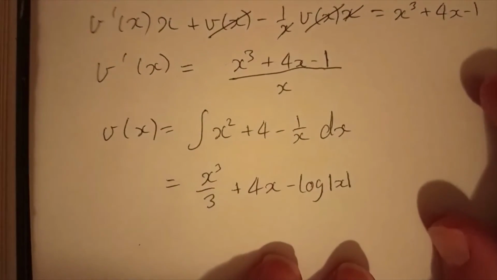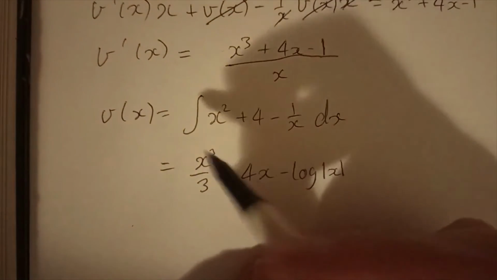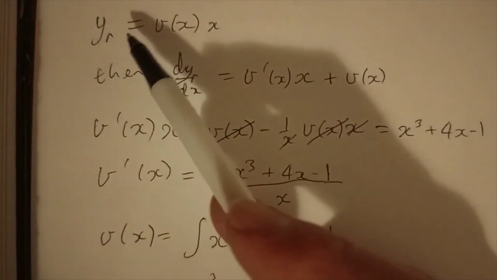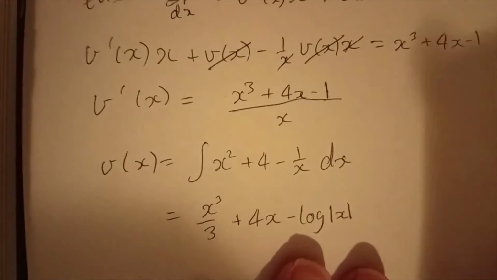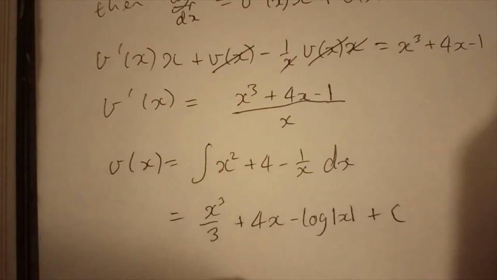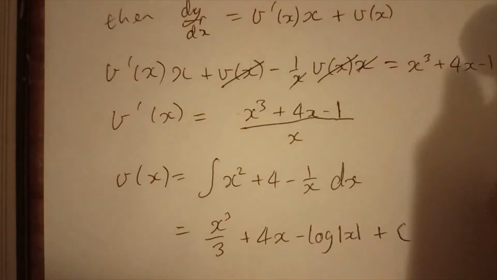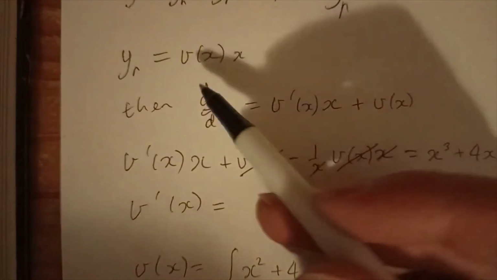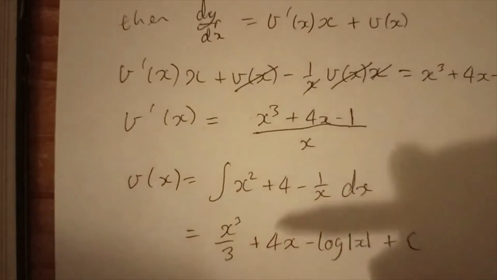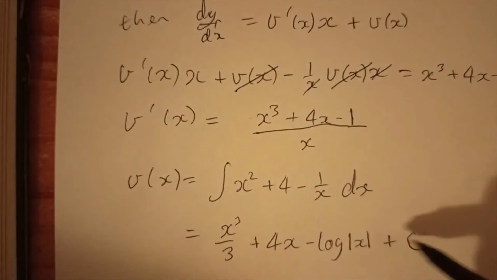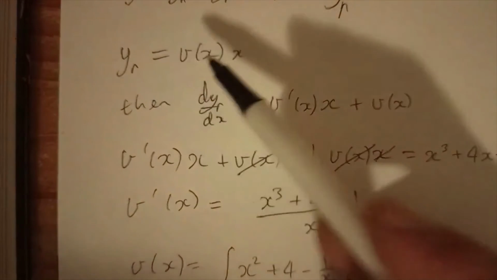We actually don't even need that extra constant because we're finding this v so we can find y_p, and if we added some constant here, like c, then when we multiply this v of x by x to get y_p.